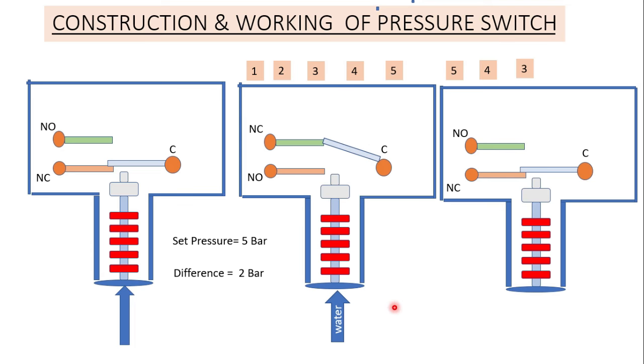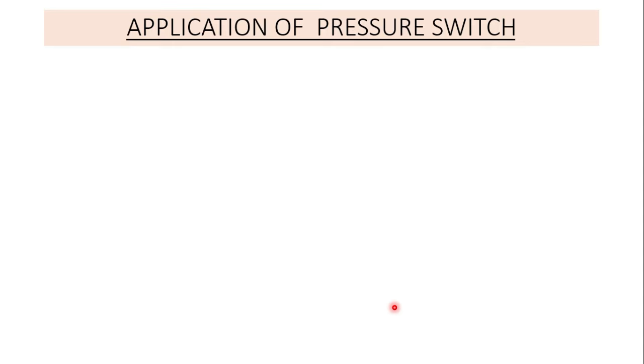Now let's move to its applications, where we can use this pressure switch. Booster pumps: we generally use them for water distribution systems in commercial buildings. Let's say we set the booster pump at 6 bar.